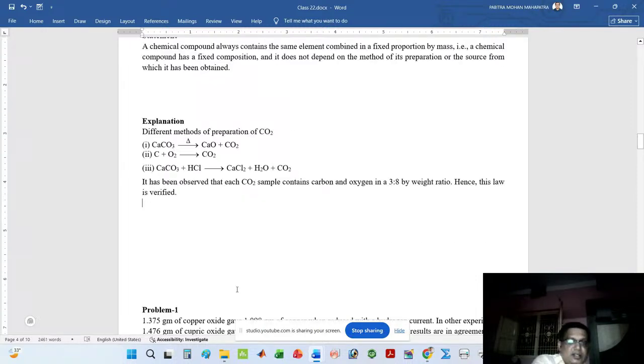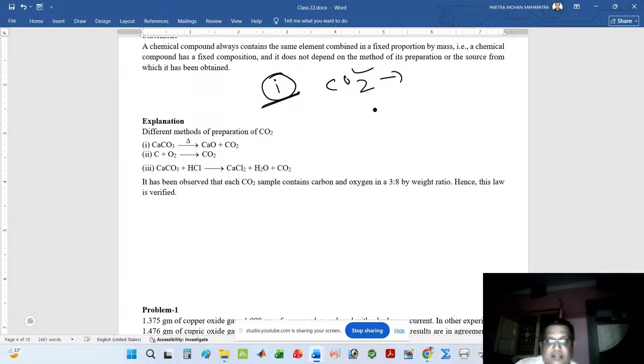Suppose I want to find a ratio. If I want to find out the carbon dioxide prepared by method I, look at that. If you take a ratio of the weight of the carbon and oxygen, the ratio must be taken by mass.